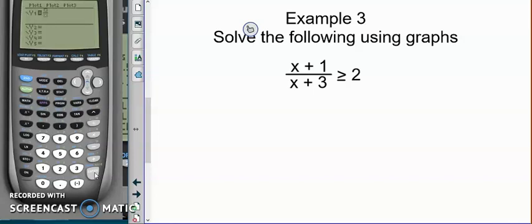All right, so here we're going to put in the exact thing. And again, we did alpha Y equals number one to get the fraction bar.